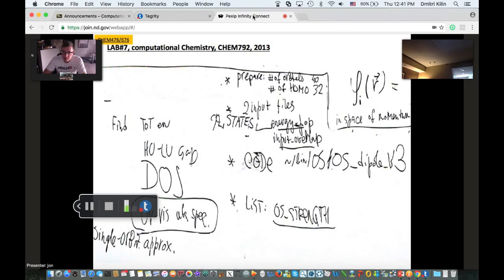And so generally in the outcome file that's generated, down towards the bottom in the last iteration, there will be a listing of the number of orbitals, their corresponding energies, and then the populations of each one of those orbitals.